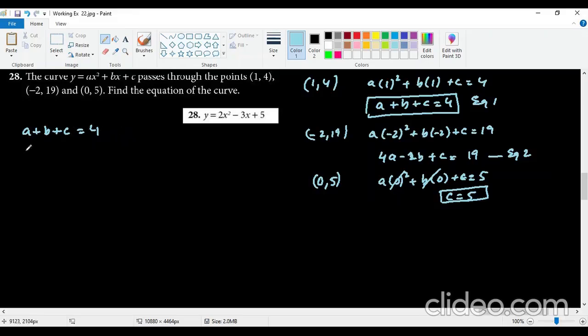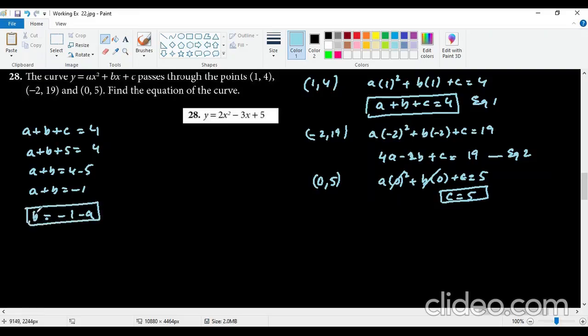So a plus b plus 5 equals 4. That means a plus b equals 4 minus 5. So a plus b equals minus 1. And this tells us that the value of b is minus 1 minus a.